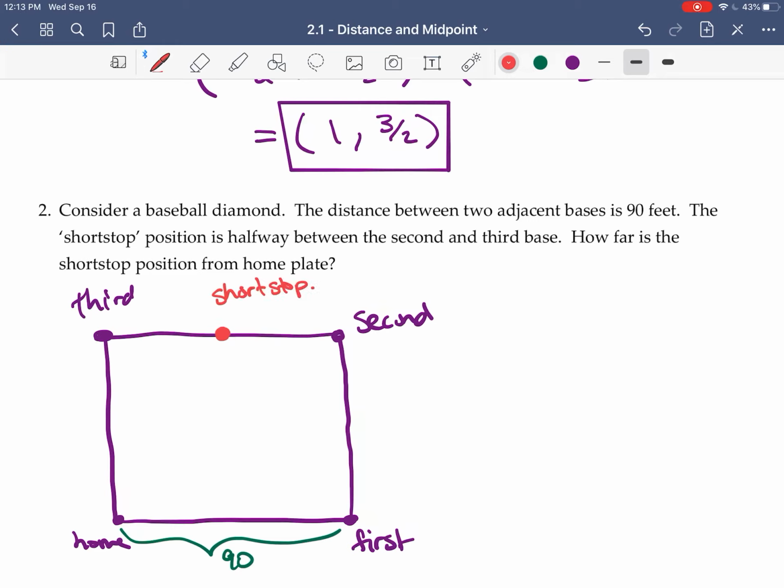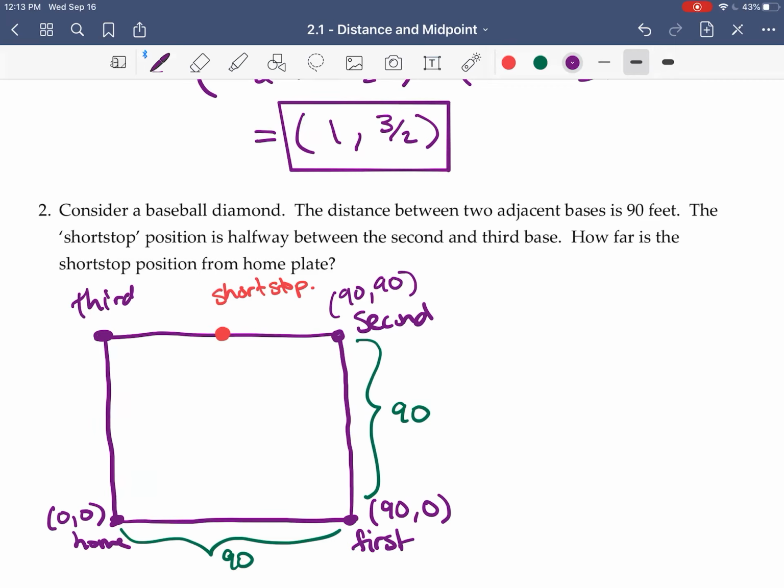Okay, so if we think about this on the axis, and we let home plate be the point 0, 0, then first base is going to be 90, 0, because I only moved horizontally. Second base, now I've moved up 90, so it's going to have coordinates 90, 90.